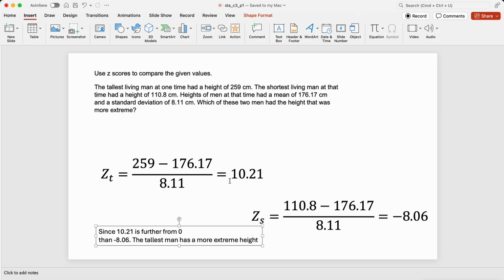One is more extreme in the taller direction, and one is less far away in the shorter direction or the negative direction. But if this was negative 11.06, then it would be the shortest man who has the more extreme height, because negative 11 would beat out 10. It's about the absolute value of those scores, which is why I say further from 0.